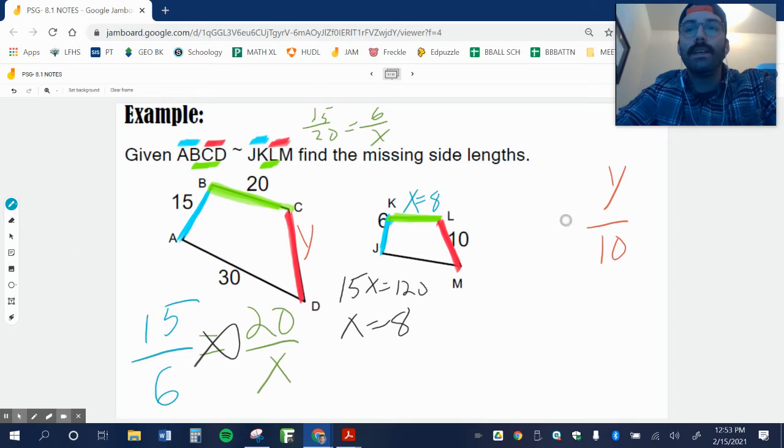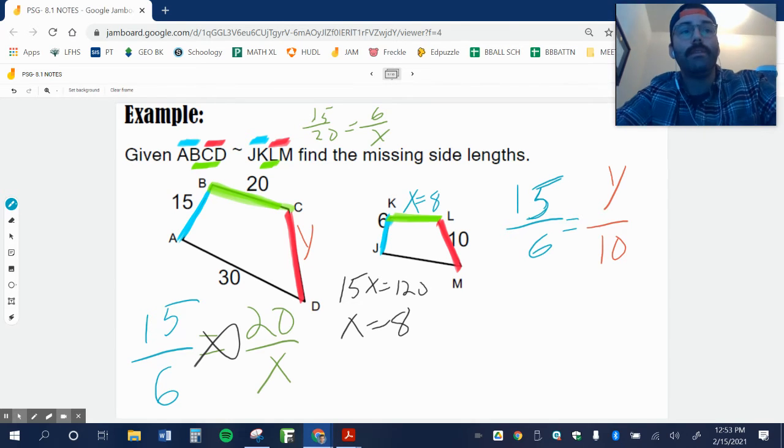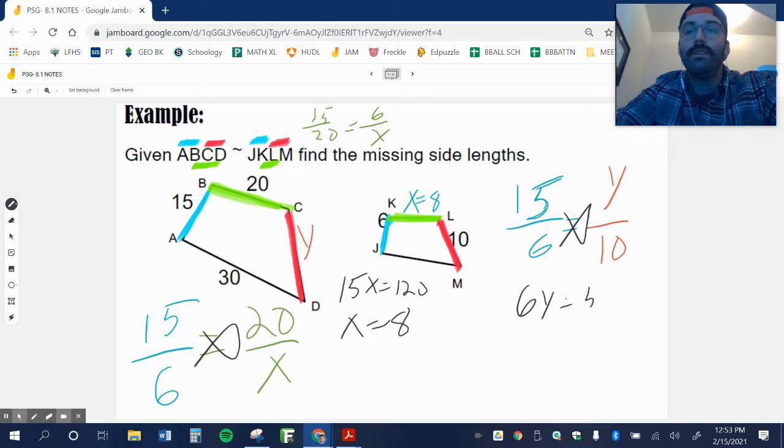What I set them equal to, I can use 15 over X, or I can also use 20 over 8, because both of those are ratios of corresponding sides. I'm just going to stay consistent and do 15 over X. It's a little bit easier that way for some people to understand. You could also have done 20 over 8. But again, we have a proportion set up here. Let's cross multiply. I have 6Y equals 150.